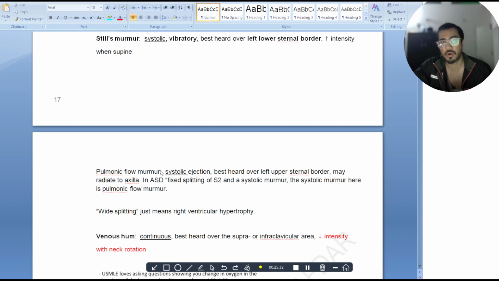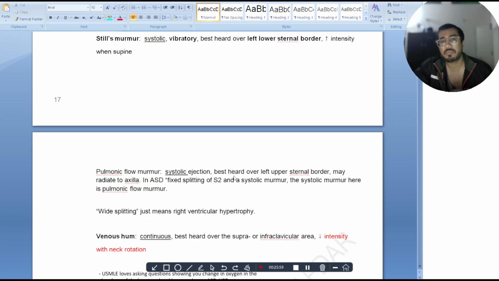That is the most important one from my perspective, but there is not a question that comes directly about pulmonic flow murmur. They usually give a question regarding venous hum, but pulmonic flow murmur is usually mentioned when it comes to question stems. So why does this pulmonic flow murmur happen? It happens when there is a great amount of blood flowing across the pulmonic valve.